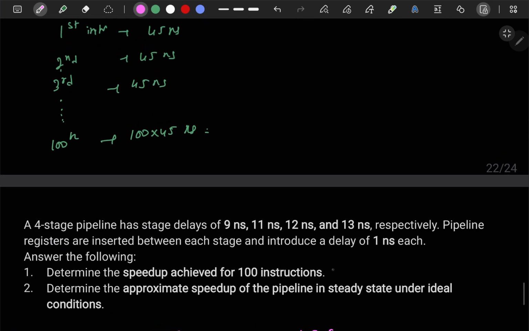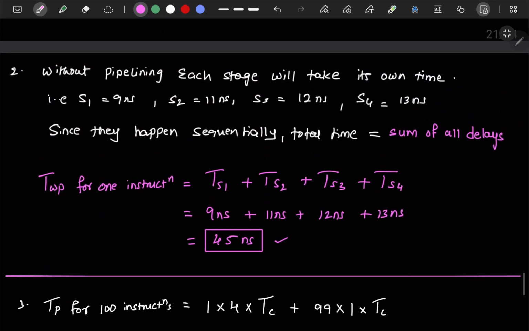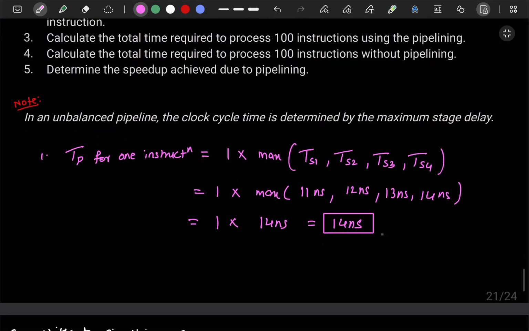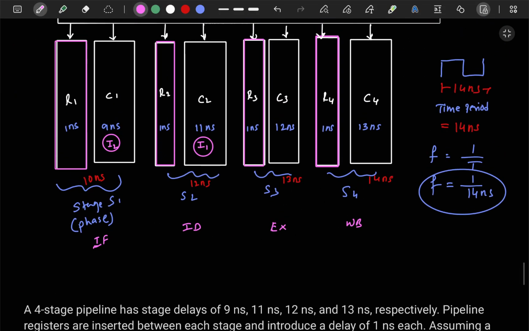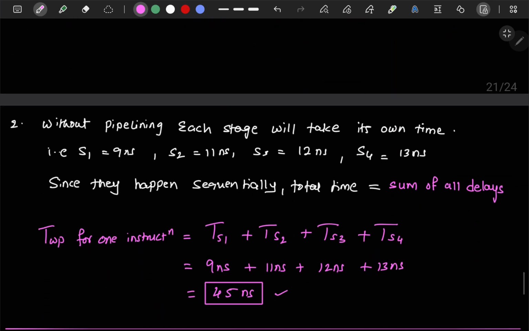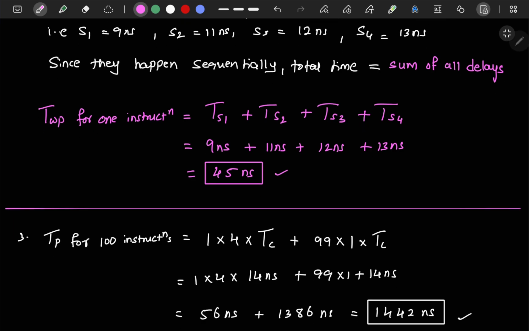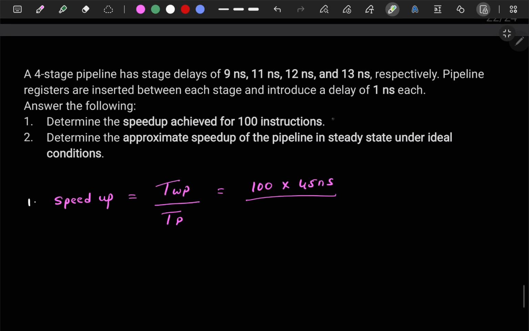If we are not using pipelining, that is non-pipelining, we have to add up all the delays of the stages: stage 1, stage 2, stage 3, stage 4. If you add them up, it is 45 nanoseconds.